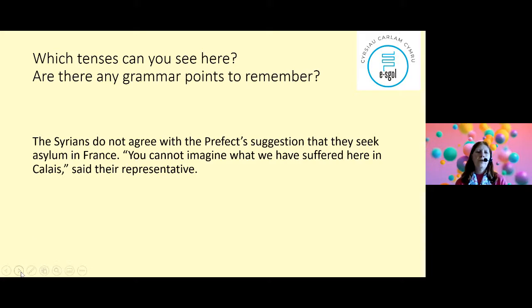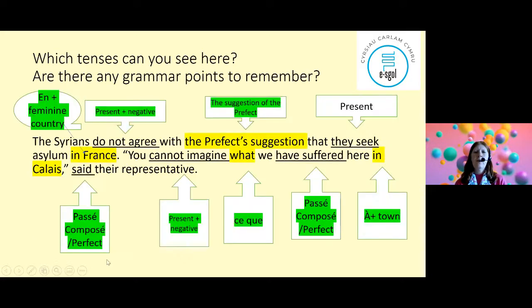So I'm going to move on now to the next slide so we can actually look at this together. So we're going to start with the first part of the sentence, "the Syrians do not agree". I've underlined "do not agree", and I've made a note it's the present tense, and that we need to remember to use a negative.